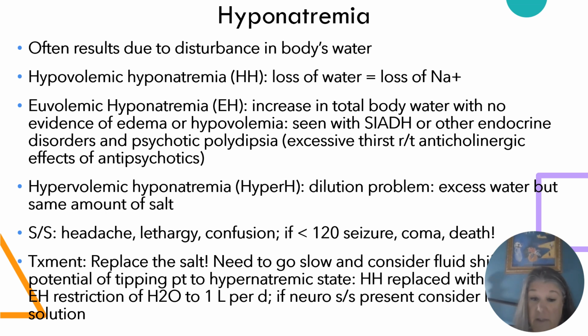We talked about that yesterday as well. And of course, anytime we have a hypo state, our worry is always tipping to the hyper state, just like when we talked about hyper and hypovolemia, we always worry about tipping to the other degree.